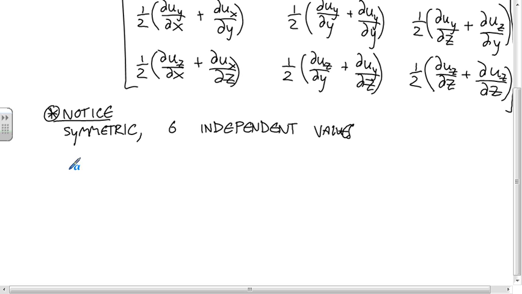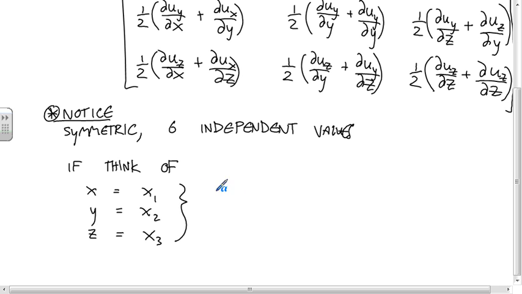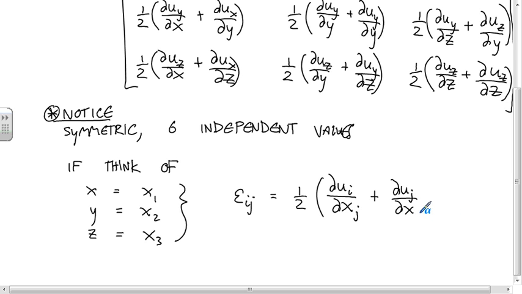If you think of x as being x1, y as being x2, and z as being x3, then you can give all this information using the formula that the ij position of the strain is equal to 1/2 times the partial of ui with respect to xj plus the partial of uj with respect to xi.